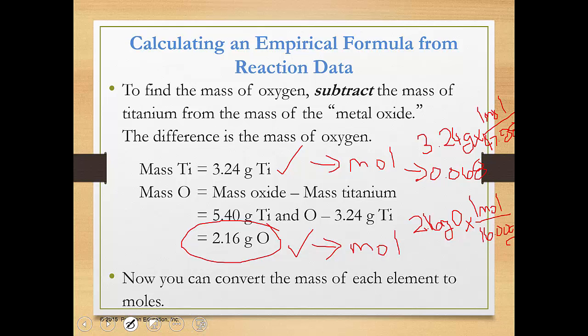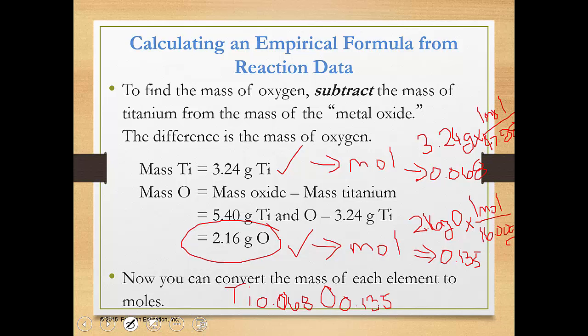And then we take our 2.16 grams of oxygen and we divide by 16, and we find that we have 0.135 moles. So now, if I wanted to write it, it doesn't look really pretty yet, but titanium, 0.068, and then I would have oxygen, 0.135. Okay, that doesn't look very pretty, does it? Let's put a 0 there.